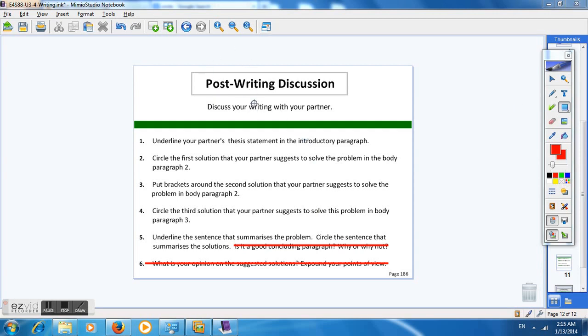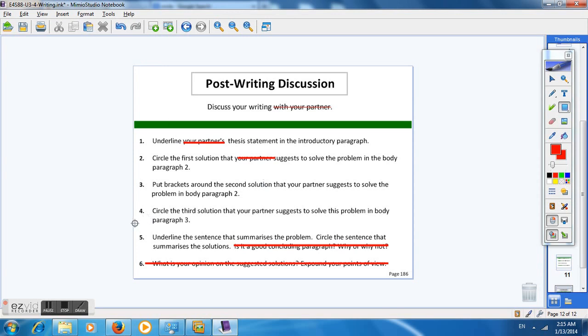It says here, post writing discussion, discuss your writing with your partner. You cannot do that, of course, so let's just discuss your writing here. 1, underline the thesis statement in the introductory paragraph. If you have your writing with you, please underline your thesis statement, and then circle the first solution that you suggest to solve the problem, and then put brackets around the second solution.